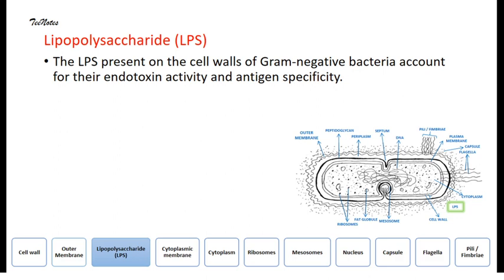Next one is lipopolysaccharide. The lipopolysaccharide, or LPS, present on the cell walls of gram-negative bacteria accounts for their endotoxic activity and antigen specificity. Endotoxins and exotoxins are present in bacteria. Endotoxins are present inside the bacteria and are released only when the bacteria die.